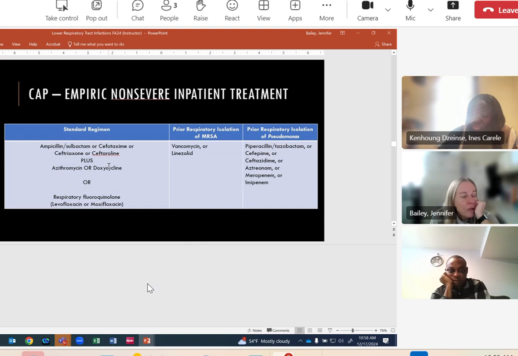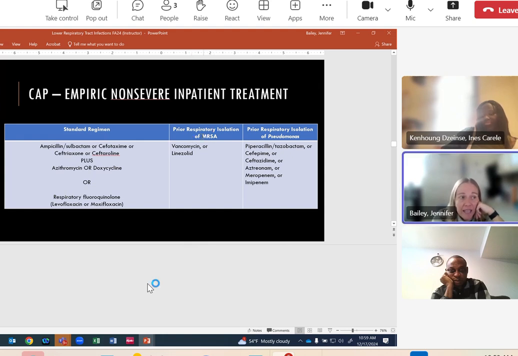But then you also have to, when a patient is hospitalized, in general, it still means they're sicker, right? So you have to evaluate if they are at risk for MRSA or if they are at risk for Pseudomonas. So it's not common for MRSA or Pseudomonas to cause CAP, but it can happen.